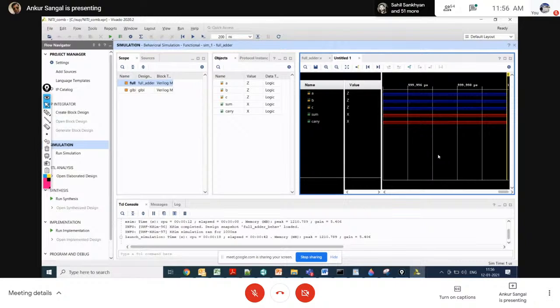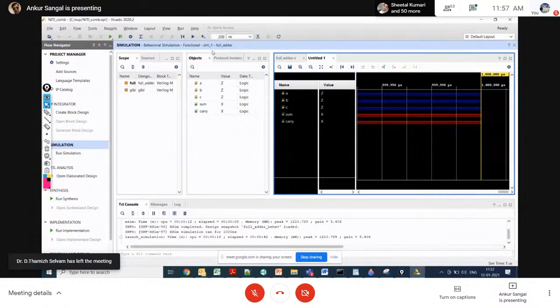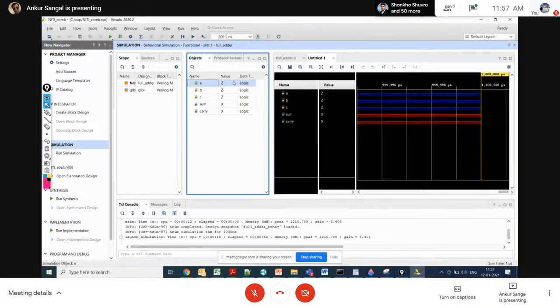So now you can see here, this is your simulation window. In the simulation window, if you have already written the testbench, you can directly press this run button. Otherwise you can do one thing: select your signal, right click, force clock or force constant.